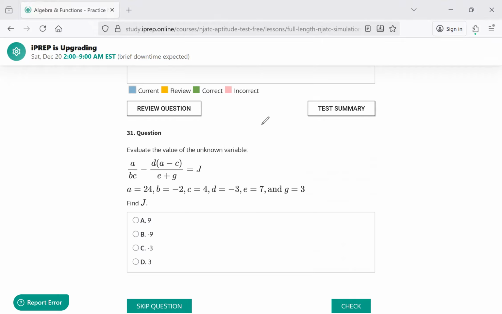So A is 24, B times C, so B is -2, so it's -2, and then C is 4. And then it's going to be -3.